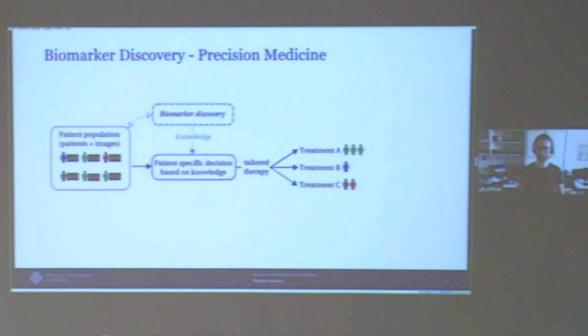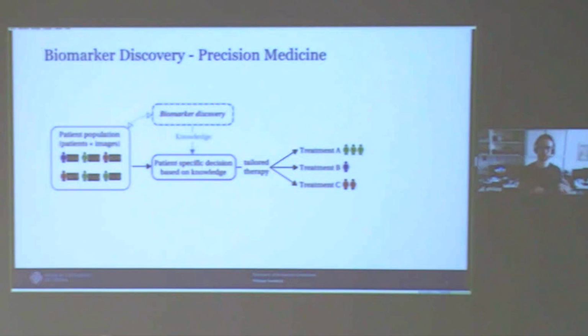So in a usual setting, we have a patient population with patients, and we have probably images or other data about them. And then we have particular knowledge about patients, and we treat them according to this knowledge. And in a perfect scenario, we have tailored therapies, and patients with different characteristics will be treated with optimized therapies.